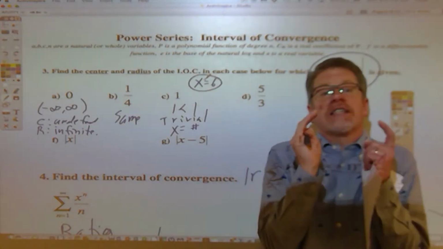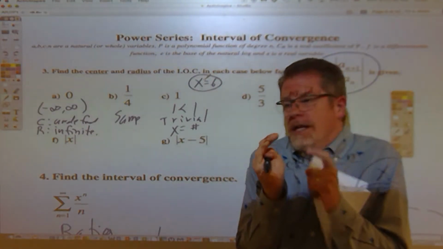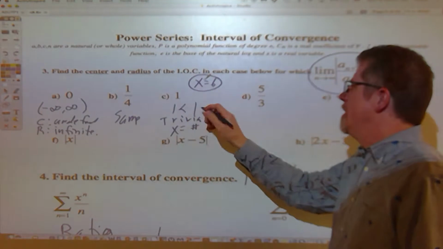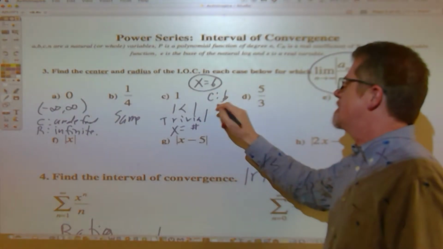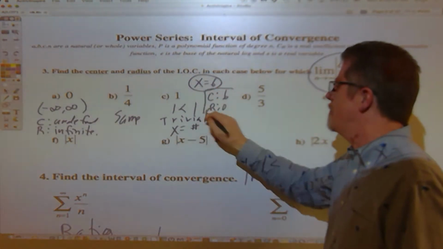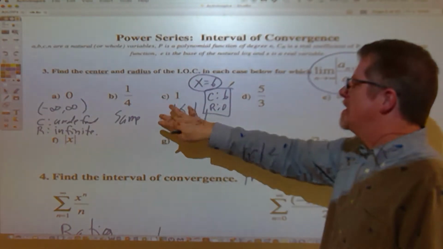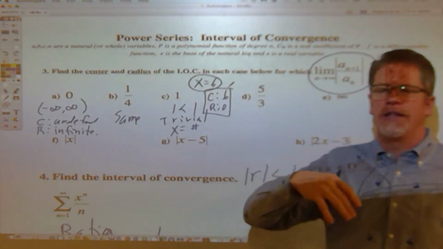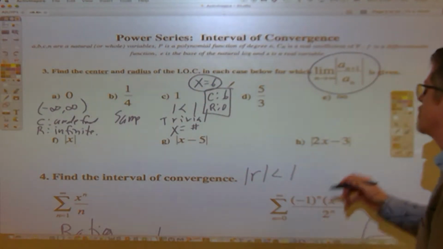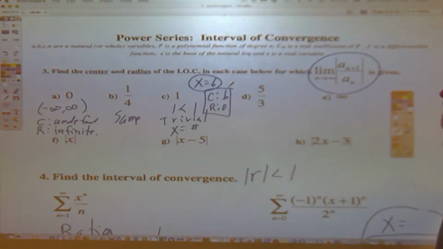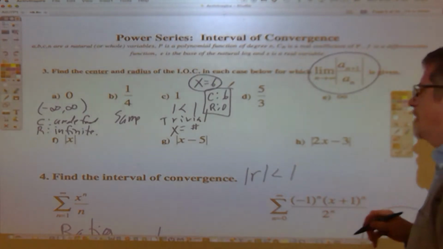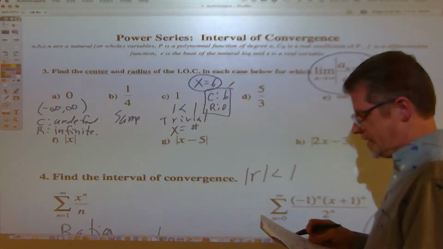Maybe the series had an x minus 6 in it, and the limit came out to 1. So then you would technically say the center is 6 and the radius is 0, but it's a trivial situation. There's not a lot of intellectual challenge there. But when it comes out to something like 5/3, 5/3 is never less than 1.